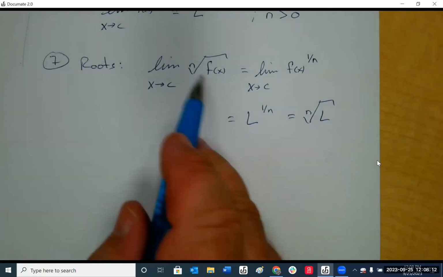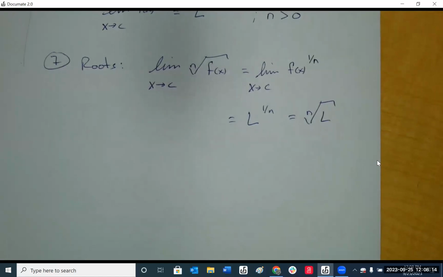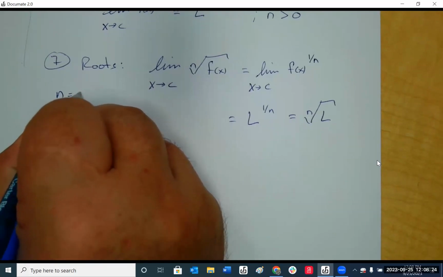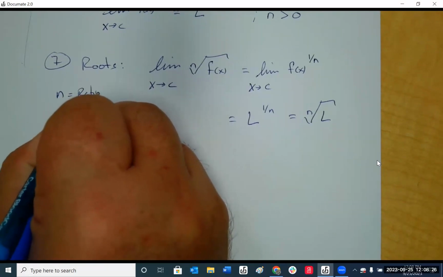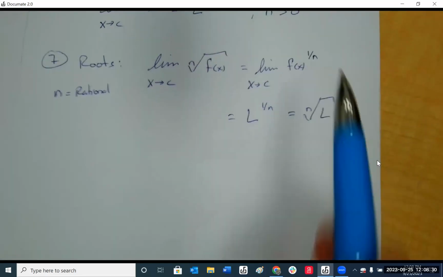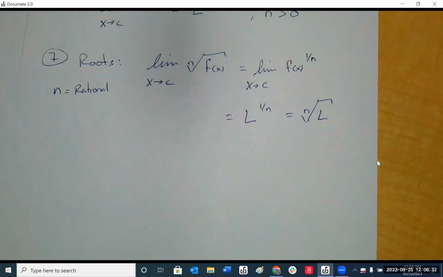So it just jumps in from there. It's basically just another way of writing the exponent. So this is when n is rational. If it's a fraction, do the same thing.